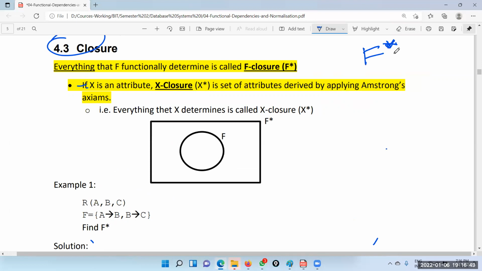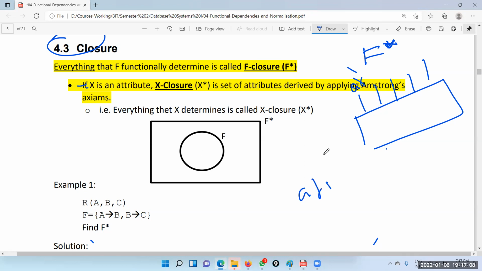So for example, we have a relation or entity with different attributes. Now everything that a particular attribute called AT1 determines is called that attribute 1 closure, or we can say attribute 1 star. How do you find it? It's very easy.